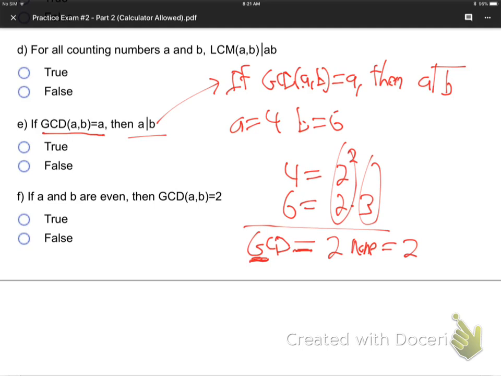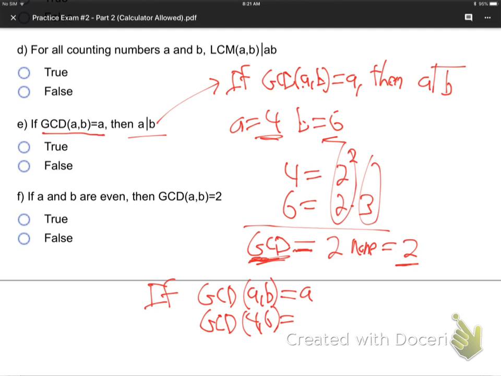So the GCD of those is 2. So did I meet the if? They said if the GCD of the two numbers, A and B, 4 and 6, is the first number. I actually got 2. That's not right. Do you see how I did not meet the if?